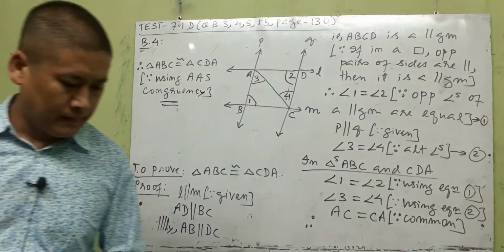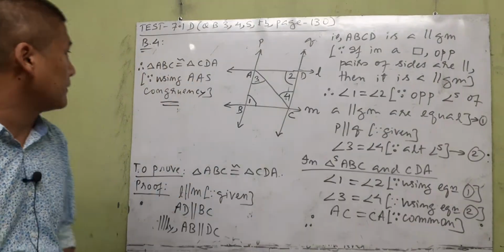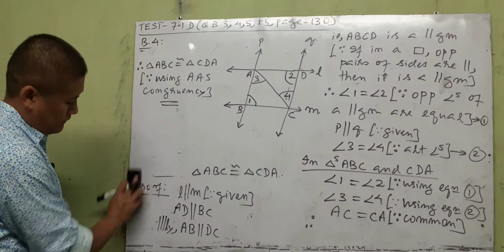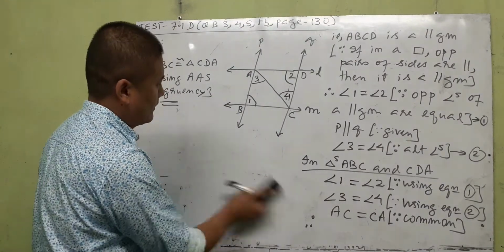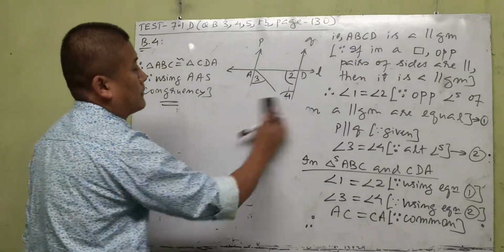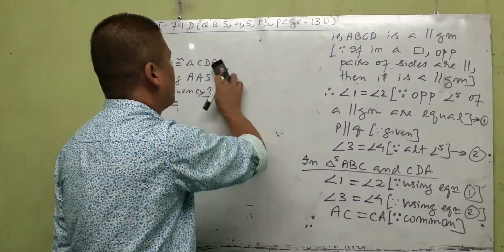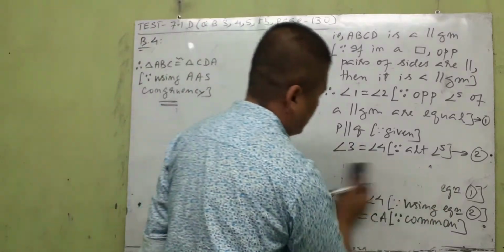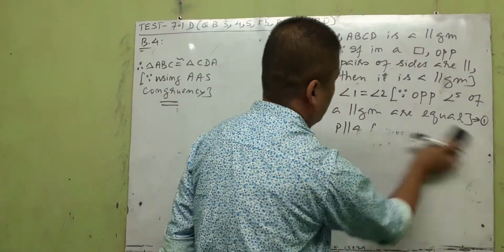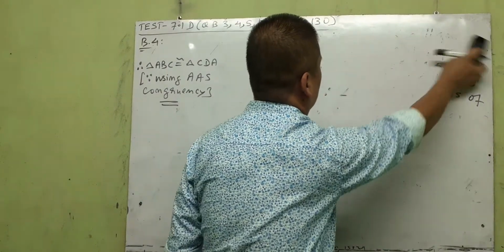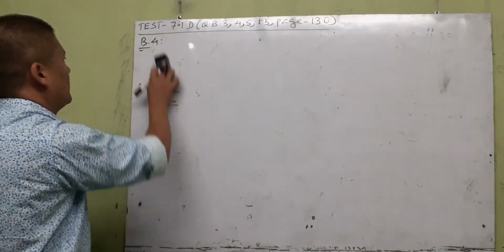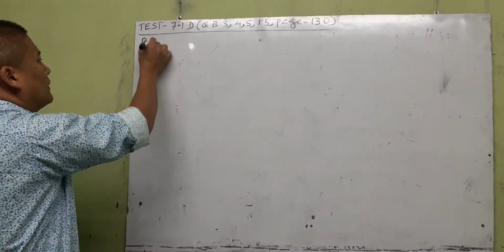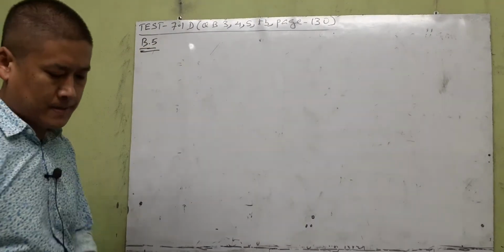Okay. Next, the last question, B5. We'll just go about it slowly so we get it properly. Here, B5 on the same page 130.